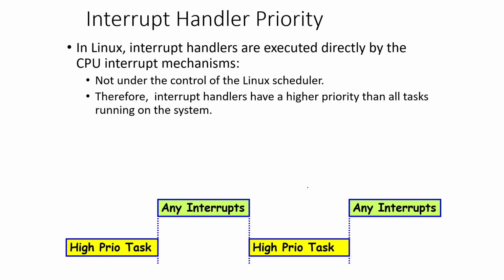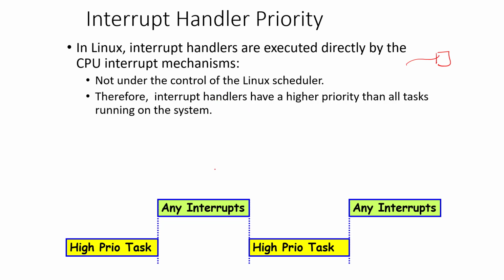Furthermore, what Linux needs to do, it does to a certain extent, but it can do more, is that interrupt handlers at the moment are executed directly by the CPU interrupt mechanisms. In the sense, an interrupt comes to the CPU, it looks up an interrupt table and invokes it. This is not really under the control of the Linux scheduler.